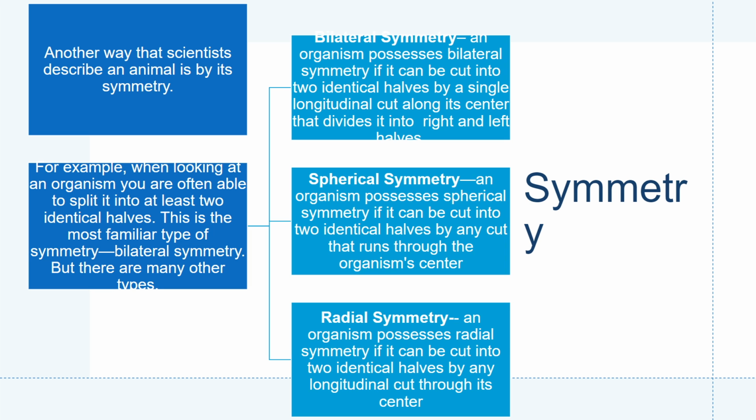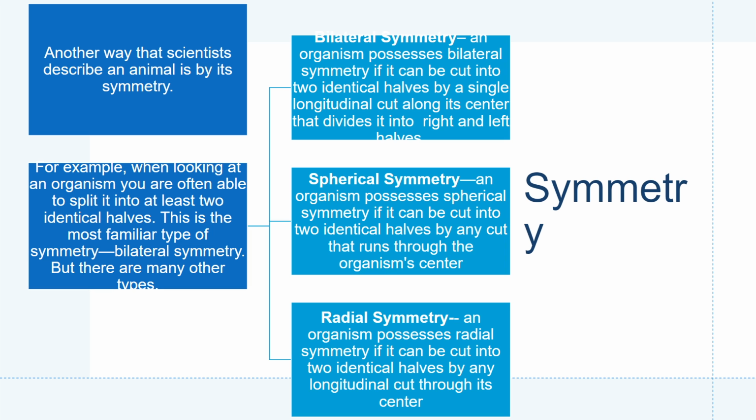Spherical symmetry is when an organism possesses a symmetry that creates two identical halves, but the cut can run through essentially the organism's center. And radial symmetry is when we see a cut create two identical halves by any longitudinal cut, not just multiple. But when we're looking at symmetry, we're looking at an organism and how it can be split into at least two identical halves.